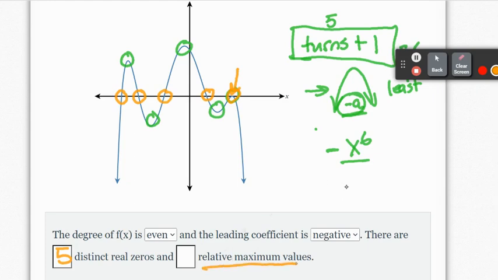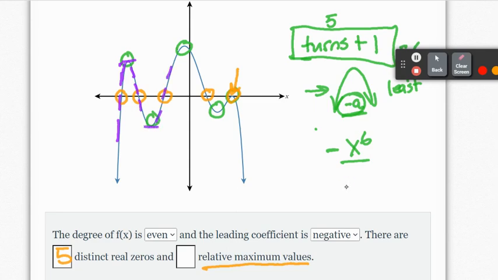Let's go ahead and define what a relative max or minimum value is. A relative max or min is a moment where the slope of the tangent line is 0. So there's a calculus definition for you there. As we go up, this is positive slope, and then if we just drag our pencil along, the pencil turns sideways, and the pencil goes down, down, down, and then the pencil goes sideways, and the pencil goes up, up, up.